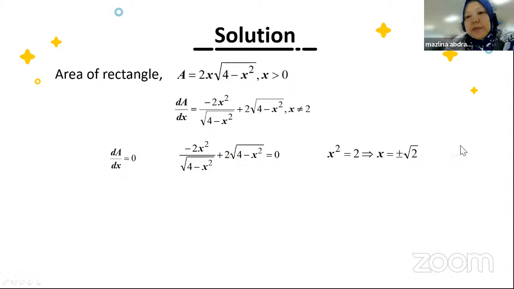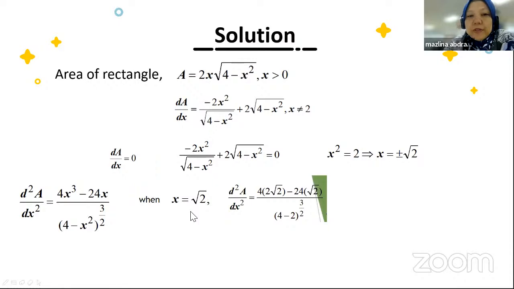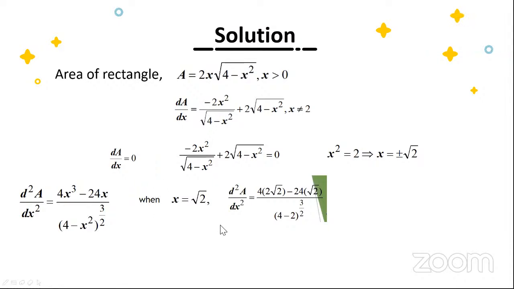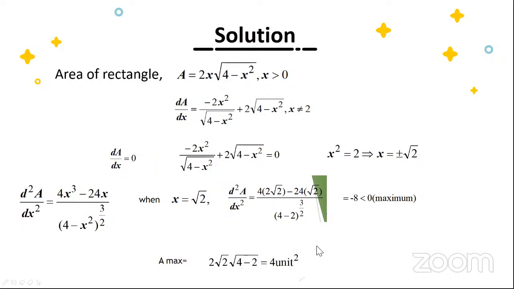Okay, so from there you're going to get your x is plus minus square root of 2. Okay, so from here we do the second derivative again. And then when we substitute x equal to square root of 2 into your second derivative, you're going to get negative 8, which is less than 0. Yeah, so kalau dia less than 0, meaning it will be a maximum. And if we substitute positive square root of 2 dapat apa? Ini positif lah.